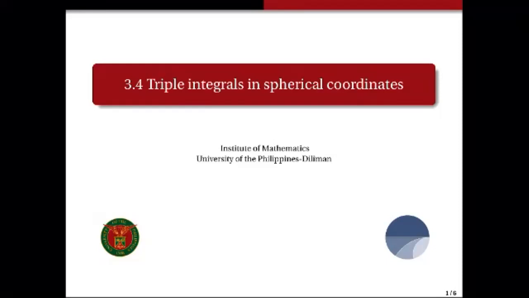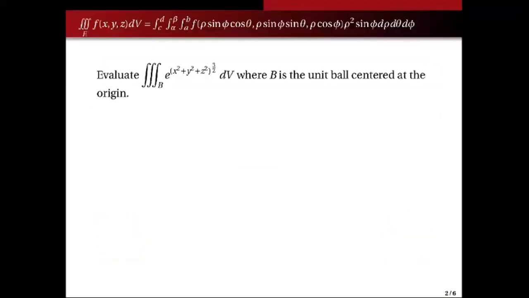And then you will see in this slide the formula for the conversion of triple integrals from rectangular coordinates into triple integrals in spherical coordinates. Looking at the formula here, I just want to emphasize the following.